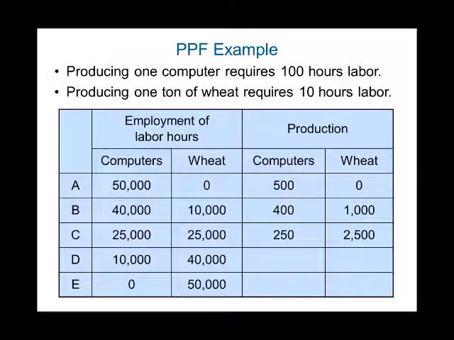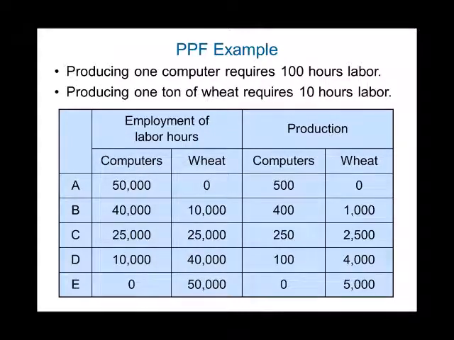For scenario D, if we use 10,000 hours to produce computers and 40,000 hours to produce wheat, we're going to make 100 computers and 4,000 tons of wheat. If we used all our resources to produce wheat and none for computers, we would be producing 5,000 tons of wheat and 0 computers.